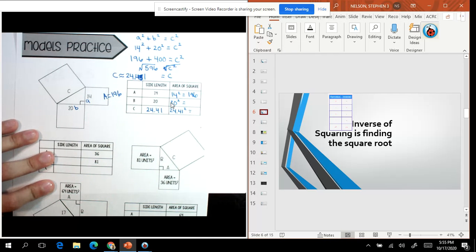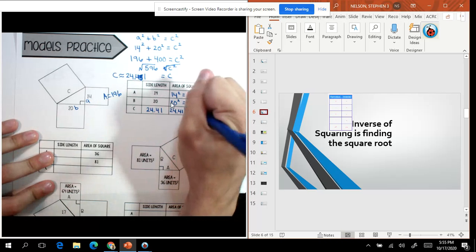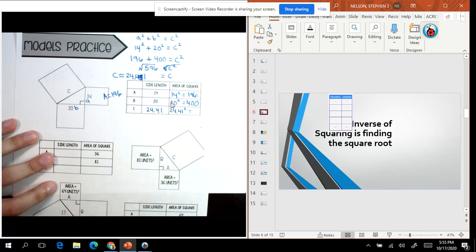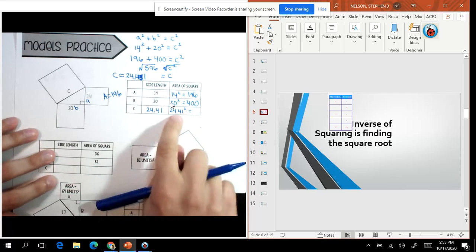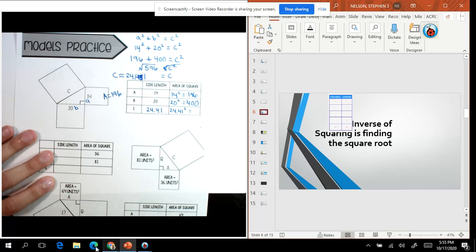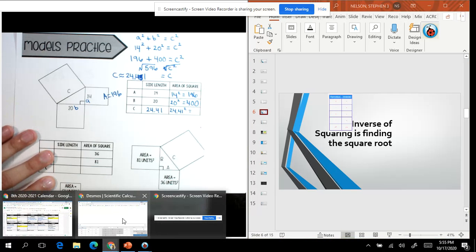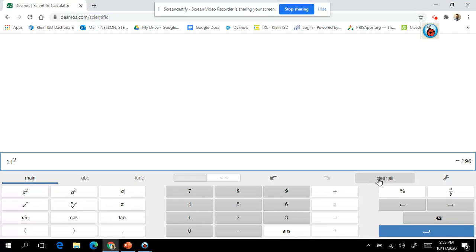All right, 20 times 20, we already said is 400. And since we get a weird decimal number for 24.41, let's go ahead and type that in on the calculator. So 24.41 squared is equal to 595.84 or 0.85.